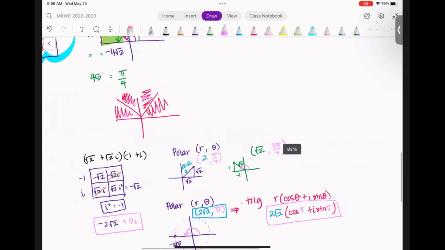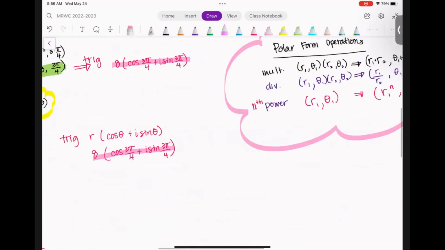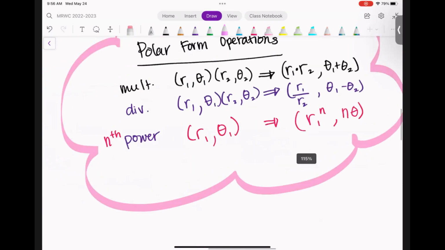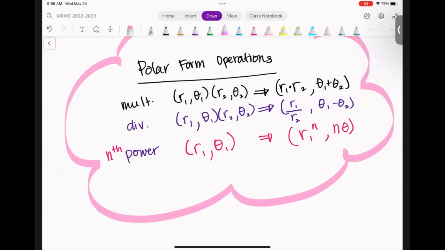And then we go over here to our operations list. I made it earlier for you. Your operations list is when you're multiplying in polar form, you take your r's and multiply them, and you take your thetas and add them.